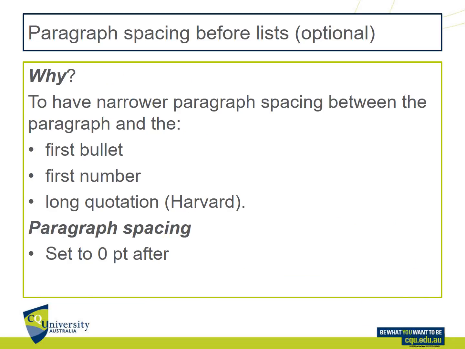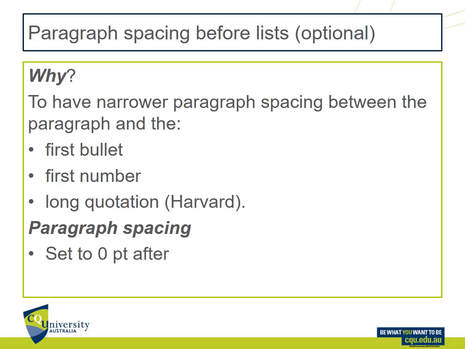This is an optional feature. You may like to create a style that will allow you to have narrower paragraph spacing between the paragraph and the first bullet or the first number, or in the case of Harvard, before the long quotation. So you may want to set that paragraph spacing to 0 points after.